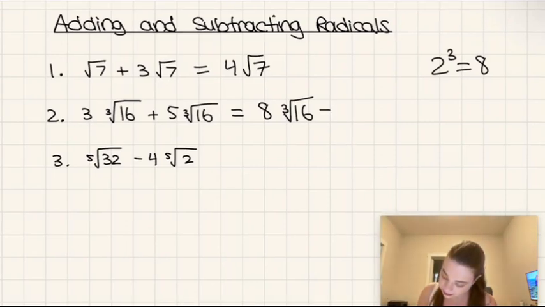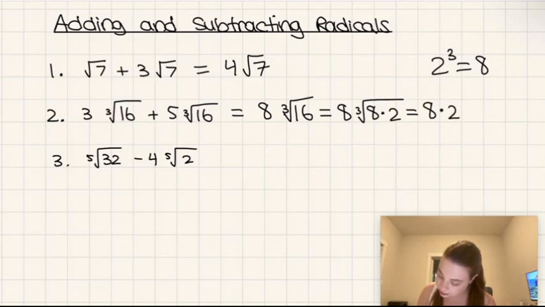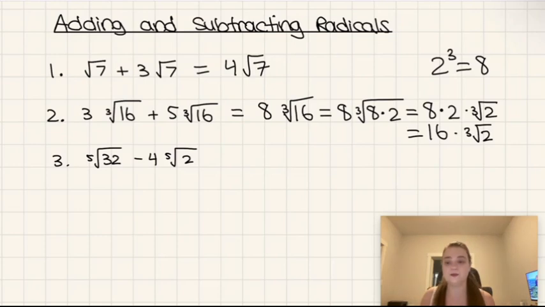So I'm going to simplify this further by rewriting this as cube root of 8 times 2, which is going to be, let's see, 8 times 2 times root 2. And that's going to give me 16 times cube root of 2, like that.